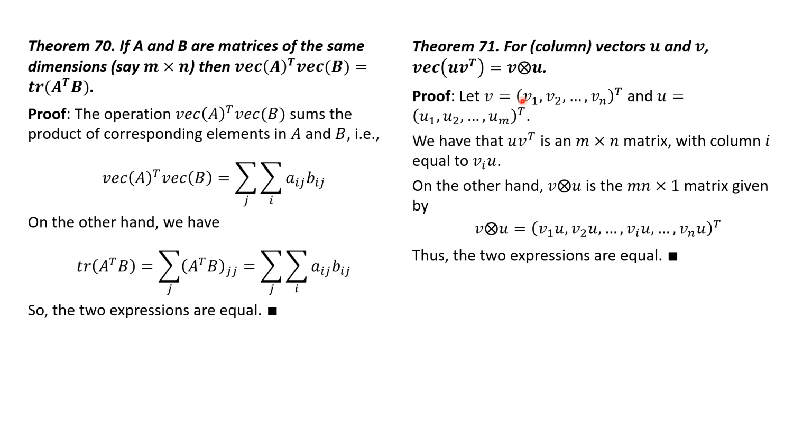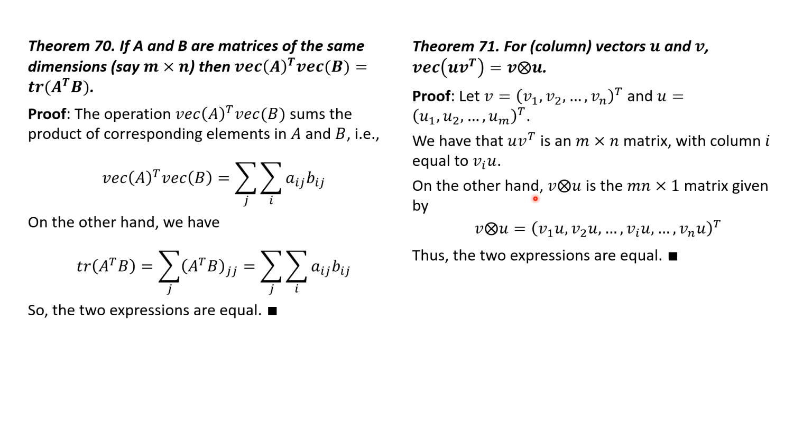So we'll just let v equal this vector here. And again, I didn't want to run off the page, so I wrote these as transpose, but keep in mind u and v are column vectors. Then we have that u times v transpose is an m by n matrix. Column I equals v sub I, so the scalar, times u.